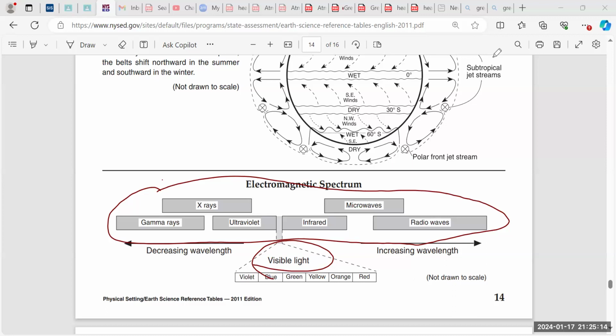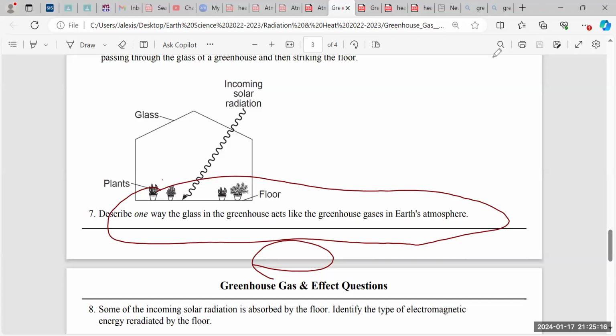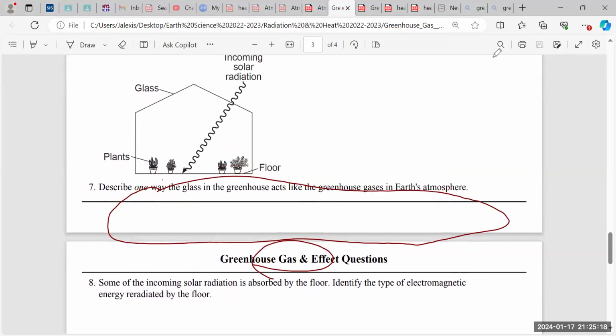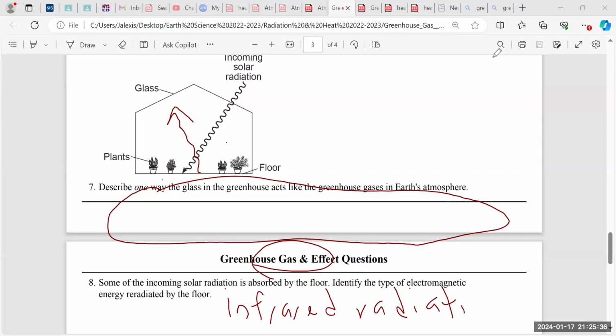Number 8 is talking about what type of energy gets released back from the floor, from the earth. Your best answer would be what, everybody? Infrared radiation.